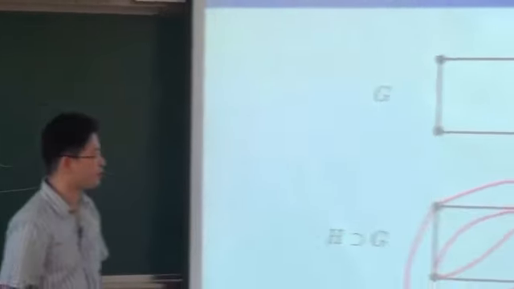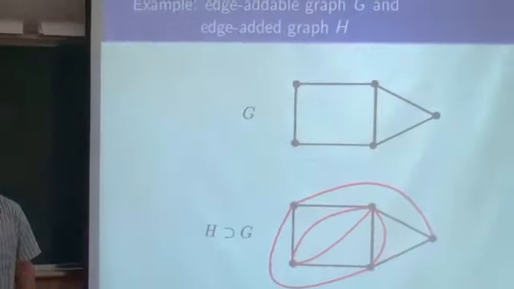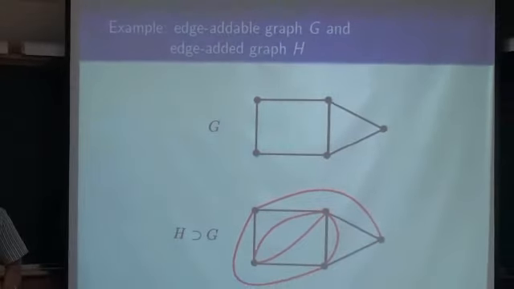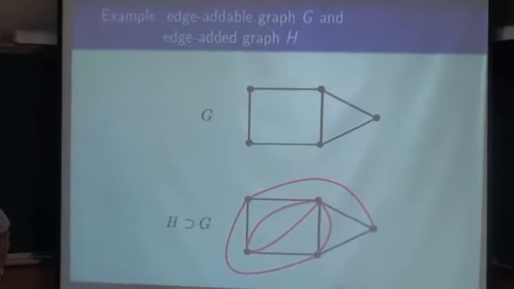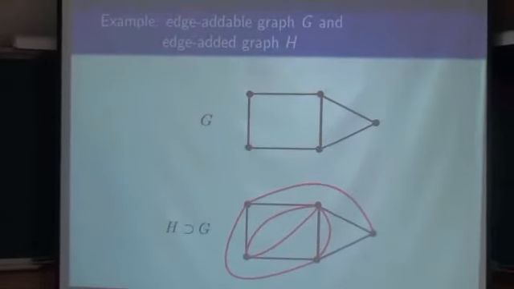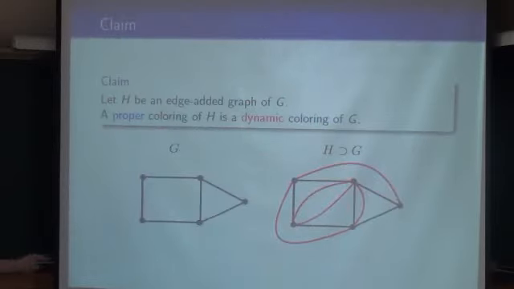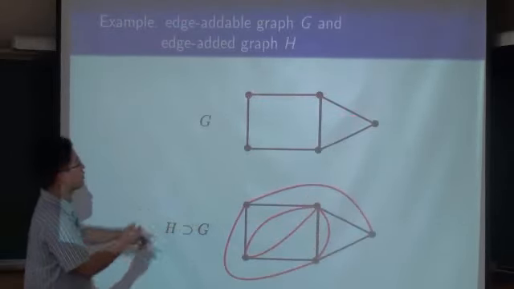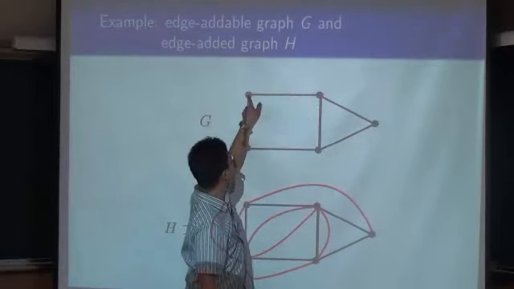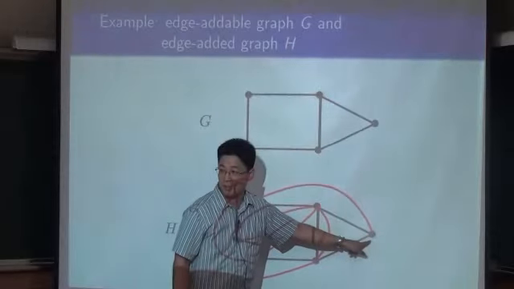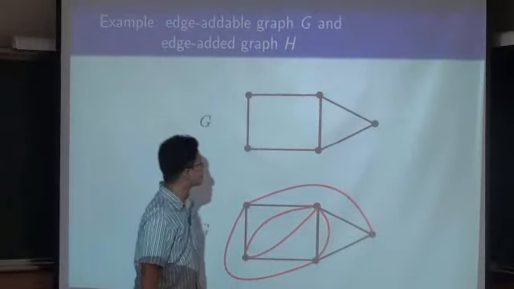But formally, let's try to draw red edges for every vertex to satisfy the condition. So when you say neighbors, is it a neighbor in G or H? In G. Right. So for example, for this vertex, there are two neighbors. For this vertex, this and this are neighbors, so we connect this red edge.